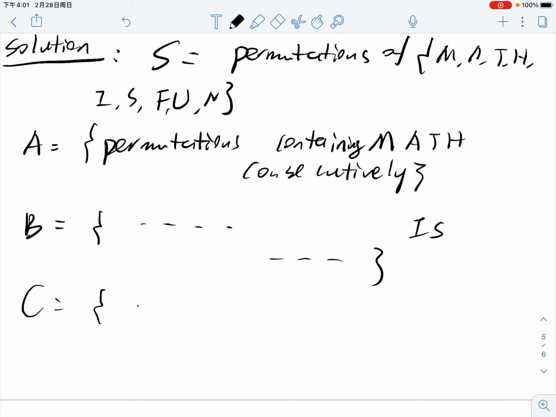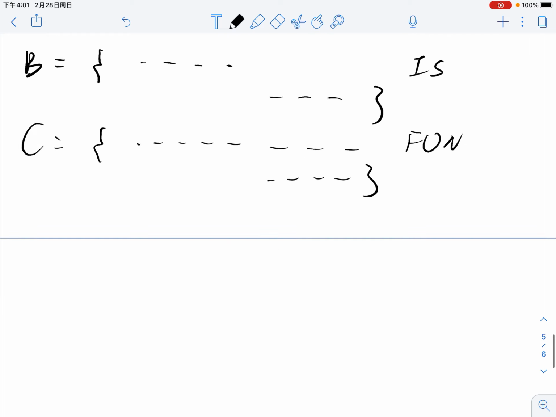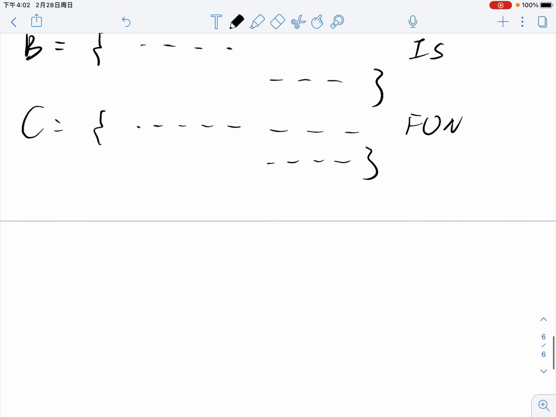C is permutations containing FUN consecutively.